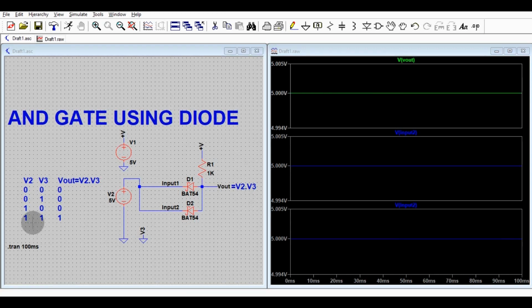So you can see for the fourth case, both inputs are connected to 5 volt, and your output is logical high. That means your output is 5 volt.